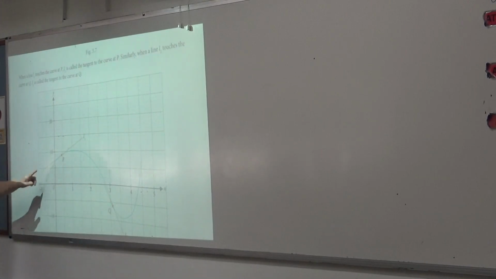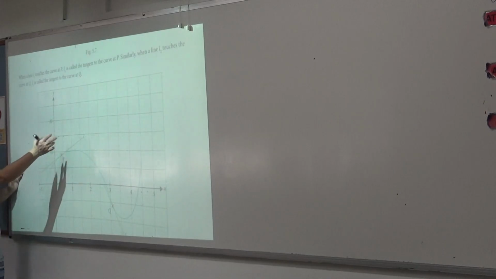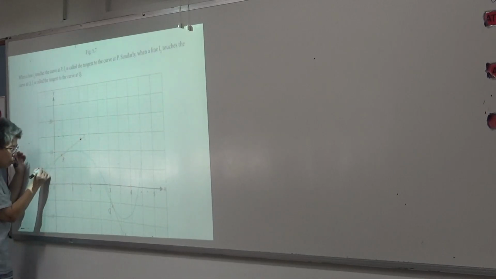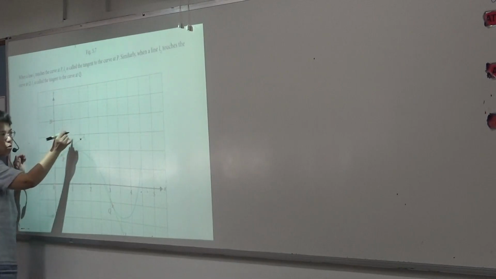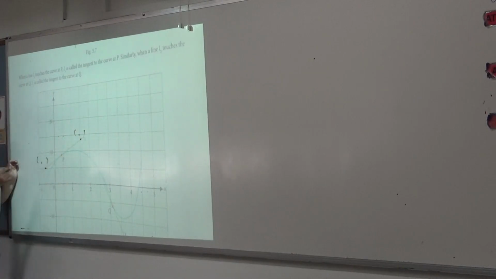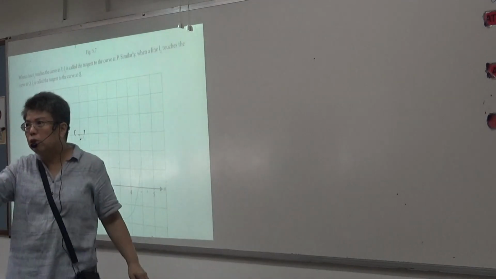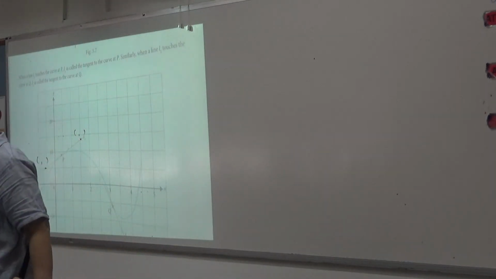Correct. Now, how to find the gradient at P? You just draw the line at P, then you go and find two convenient points. Write down the coordinates and use the gradient formula to find the gradient. Is that clear? I say two convenient points, right? Don't choose those points that you cannot read the coordinates.